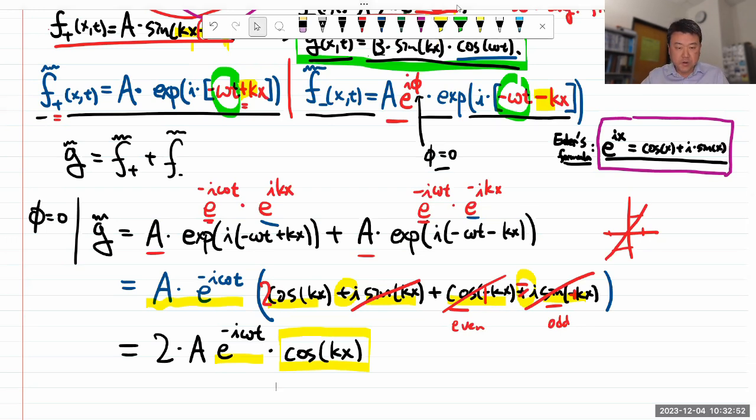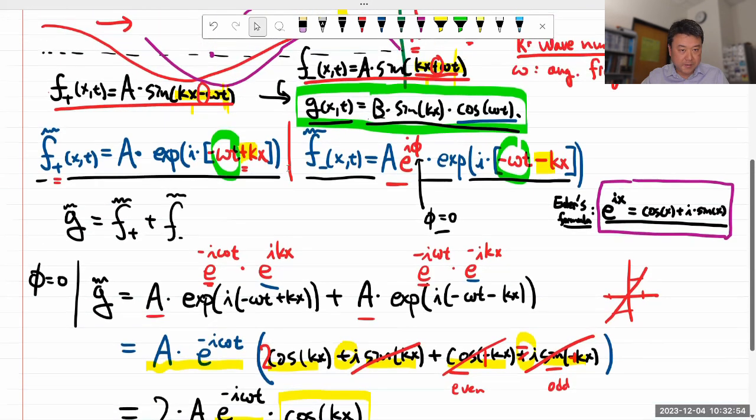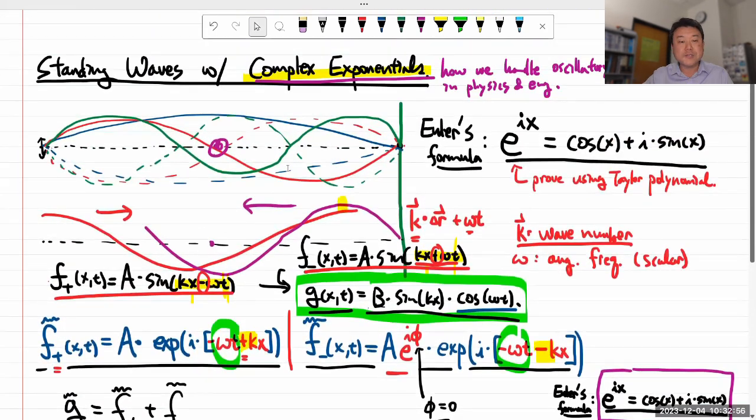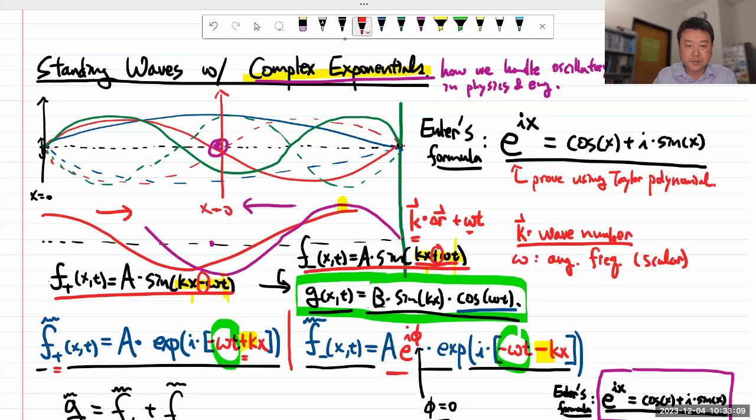Now, the functions that we looked at up there, they might not have looked like cosine of kx if I set my x equals 0 here. But imagine if your x was set to equal 0 somewhere in the middle. Like this is where x was equal to 0. Then this waveform here, this is cosine of kx.